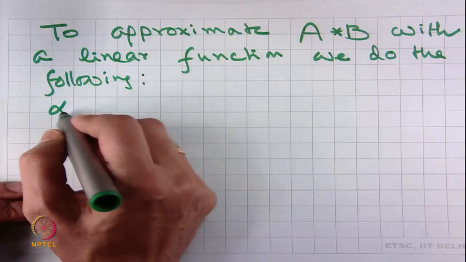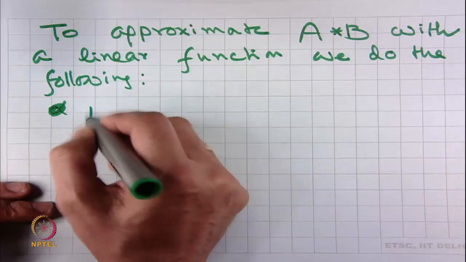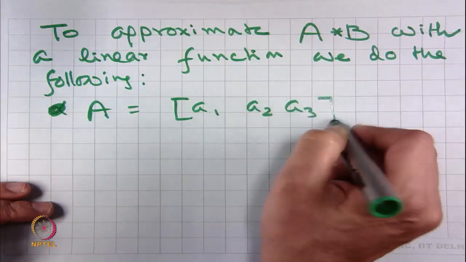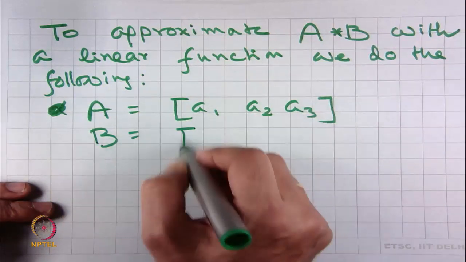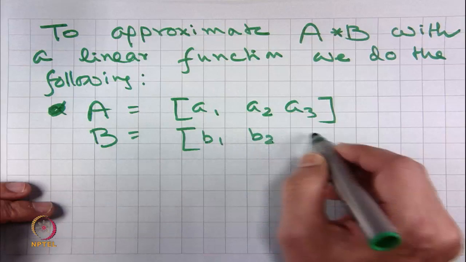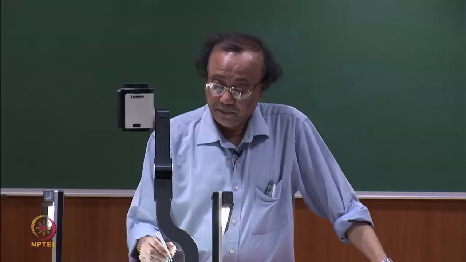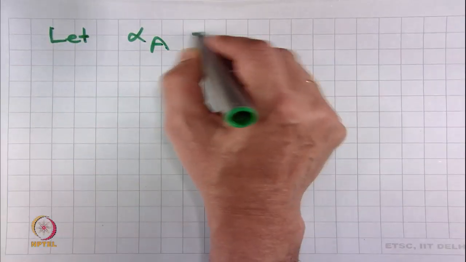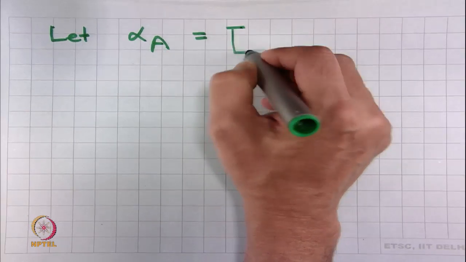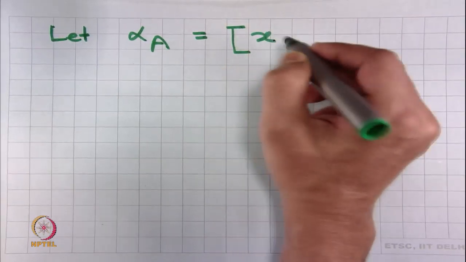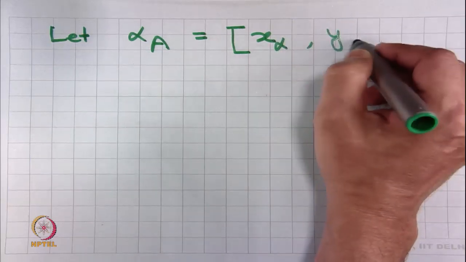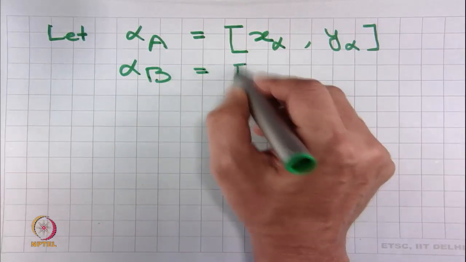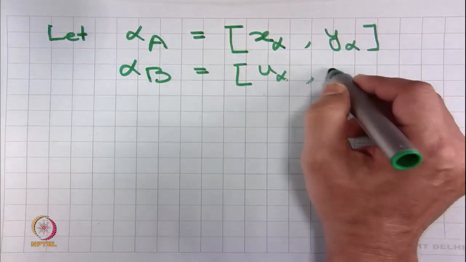So, A is equal to A1, A2, A3, B is equal to B1, B2, B3. Let alpha cut of A is equal to x alpha comma y alpha, and alpha cut of B is equal to u alpha comma v alpha.